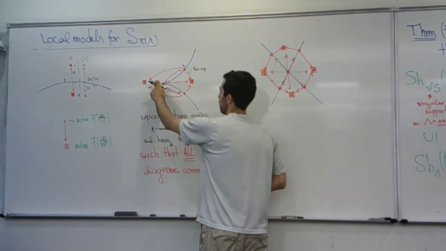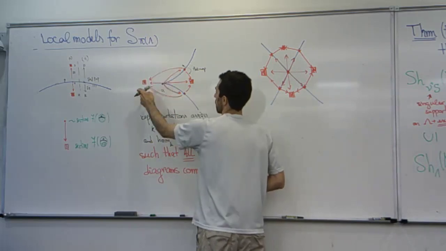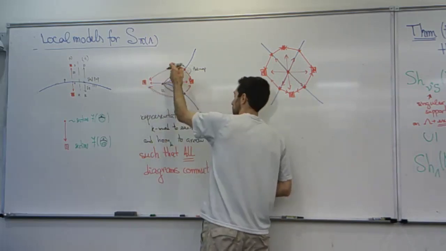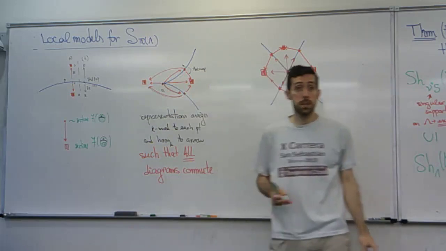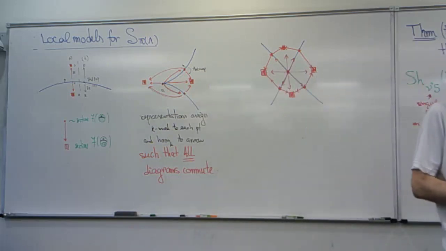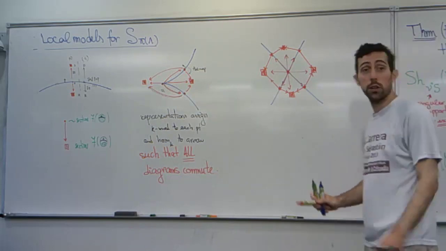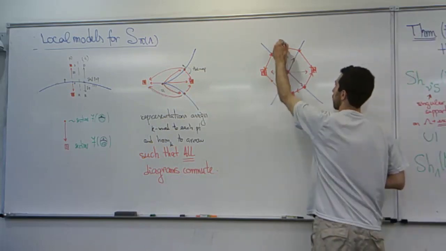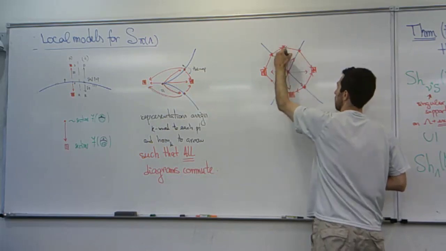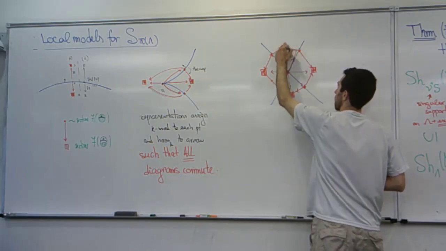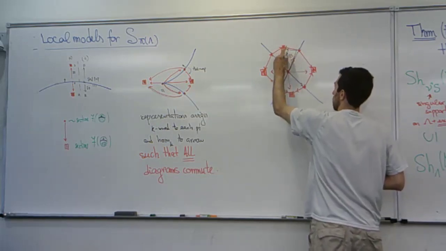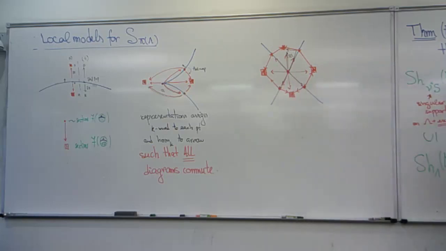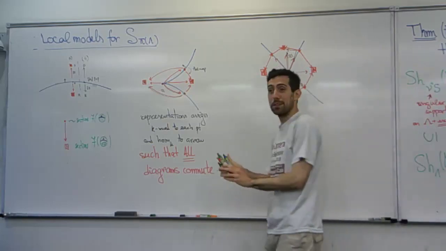Like, I don't need this arrow because it can be recovered from here or from here. I don't need this arrow either because it can be recovered from here or from here. Does that make sense? So that's the first time where you can simplify a bit the poset and not care about all the arrows all the way. Similar considerations apply here. I don't really need this arrow over here because it's this arrow plus this arrow. So the fact that this diagram commutes, that tells me I don't really care, for instance. Okay.